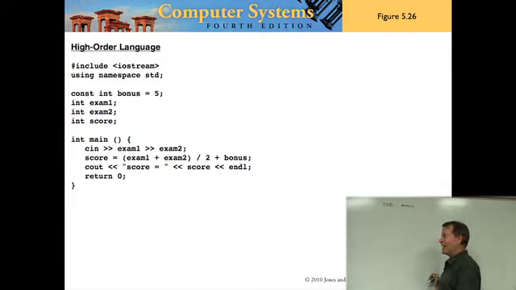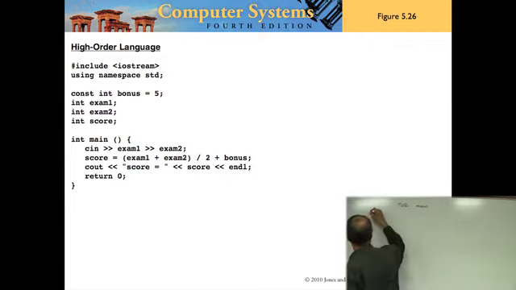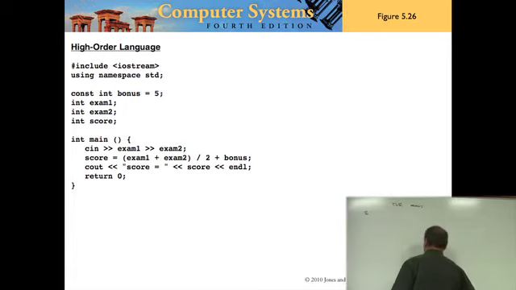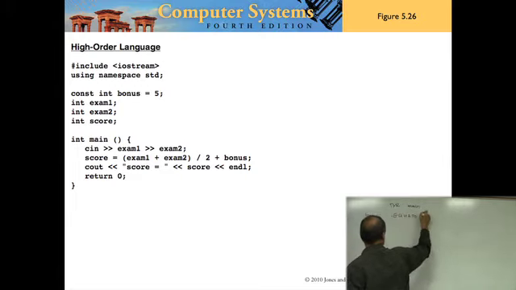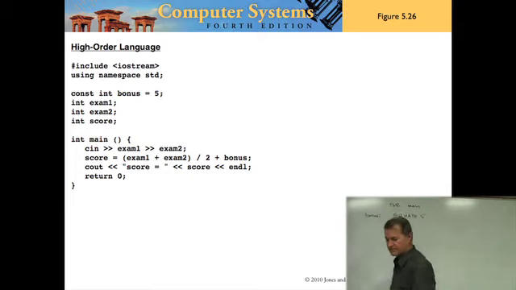The symbol is bonus. Can we just .EQUATE 5? Yes, bonus colon, and it's .EQUATE 5. All right?